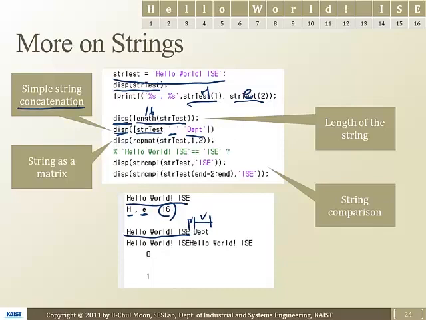There is a function dedicated for this purpose, which is called strcat. This vector matrix concatenation works just the same, okay? And then of course we can use the replicate matrix function.